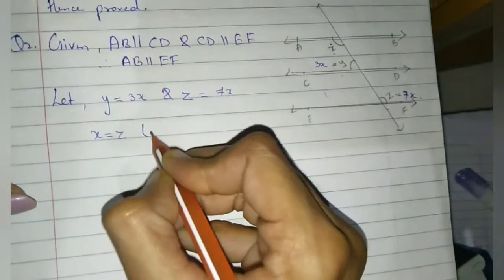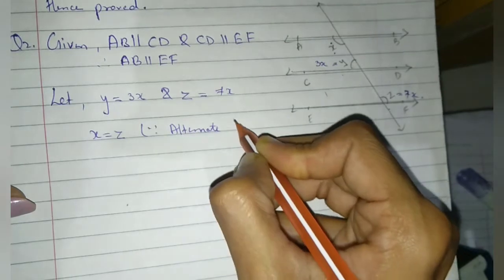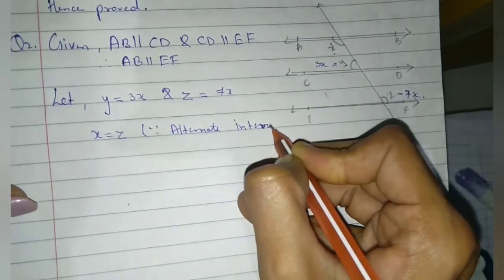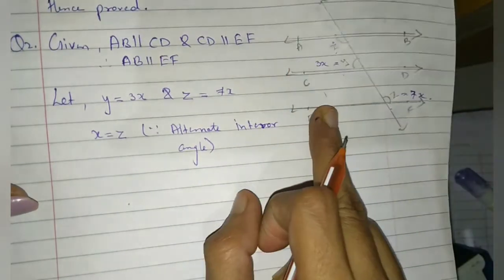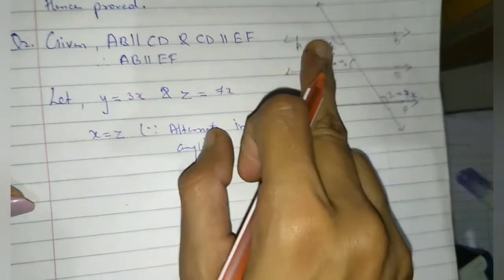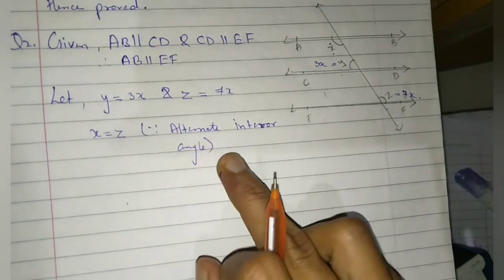Why? Because alternate interior angle, right? If these all are parallel, then we can say this x and z are equal, and this is equal to y, because alternate interior angle.